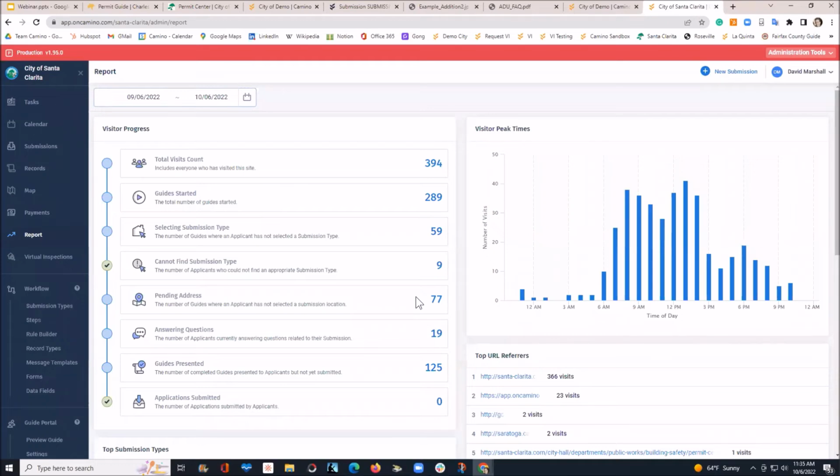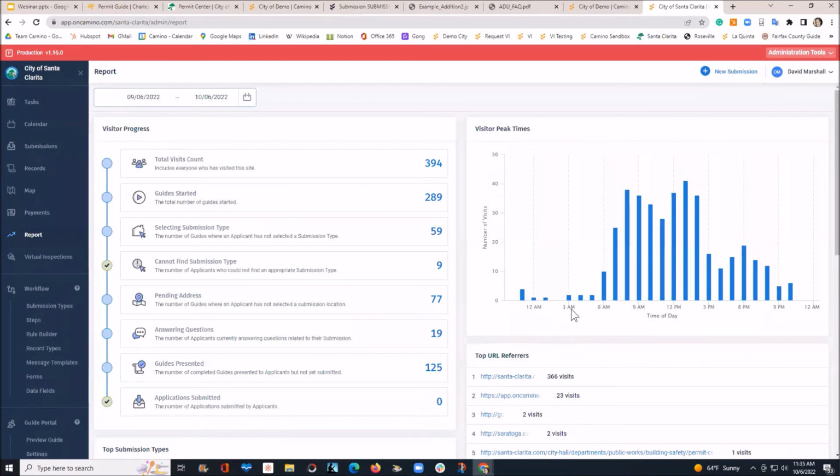But one of the things we do with each of our customers is meet with them monthly on ways of improving your guide so that people don't stop in certain areas. Because sometimes it's just because the guide got a little confusing and so the person stopped. So let's find ways of simplifying it so they can use it more effectively. In Santa Clarita, you can also see people are coming into the guide early morning.